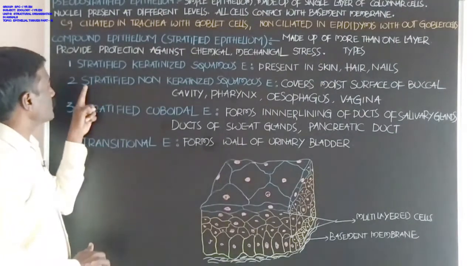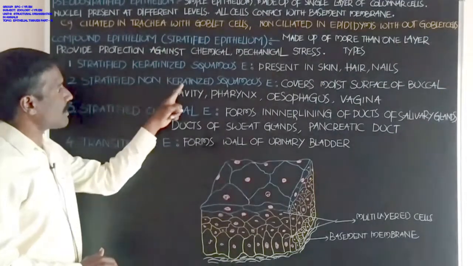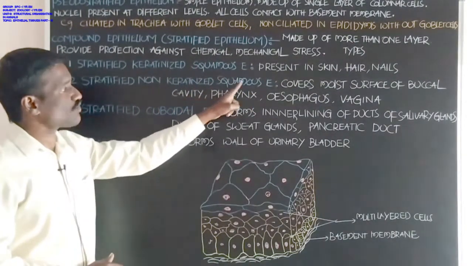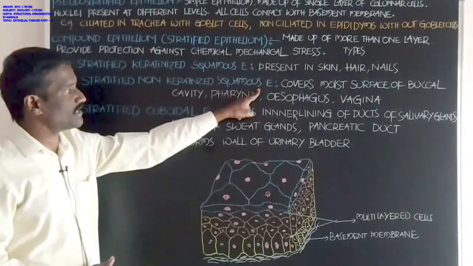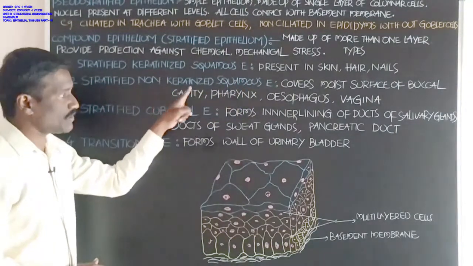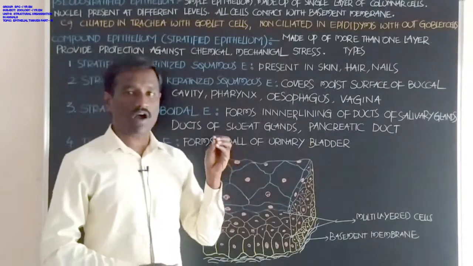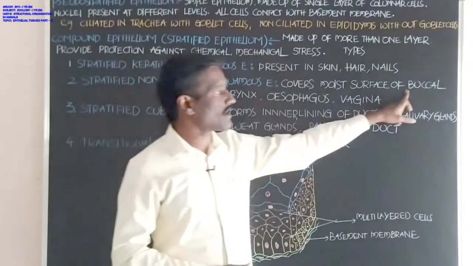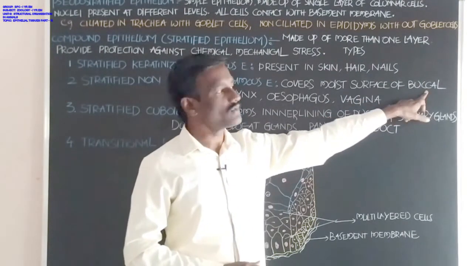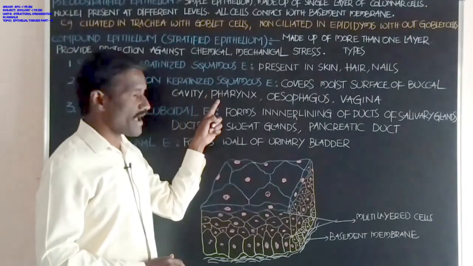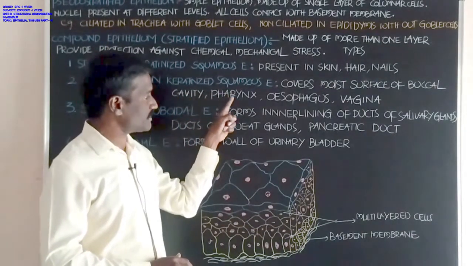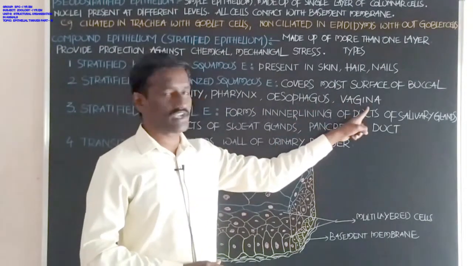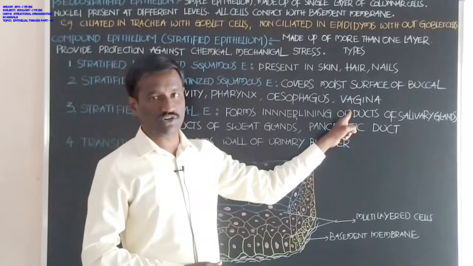Next, the second one is stratified non-keratinized squamous epithelium. It is squamous, stratified and without keratin. It covers the moist surface of some regions in the body, such as the buccal or oral cavity, the pharynx, the esophagus and the vagina. The vagina is part of the female reproductive system.